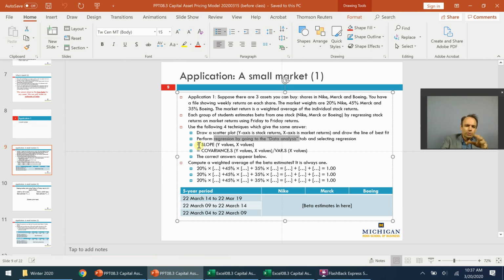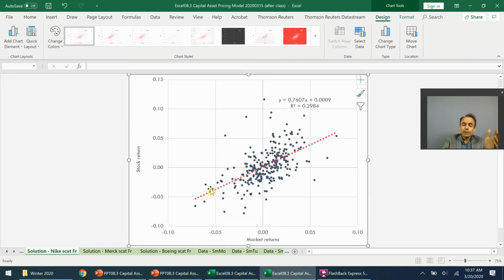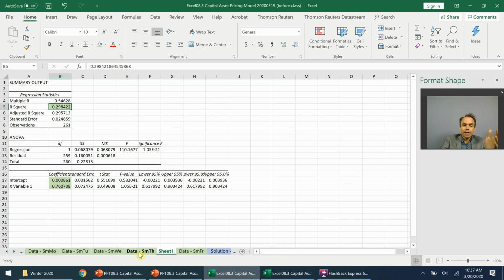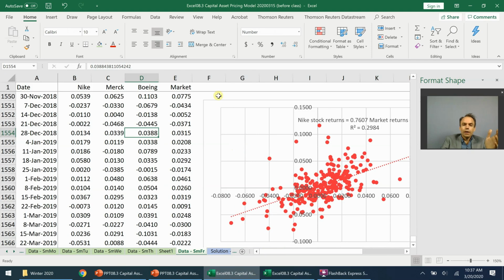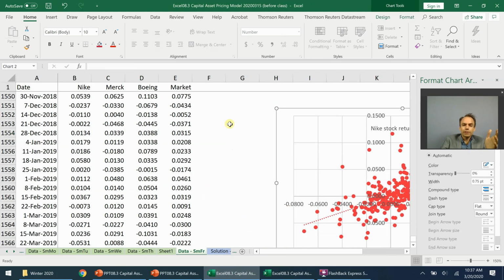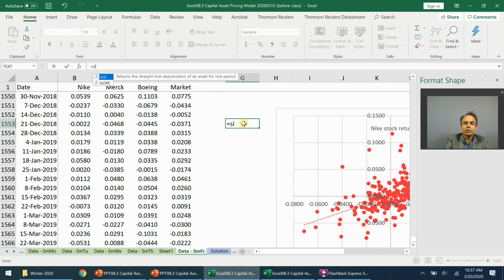But suppose you want to do that for many firms, and you don't want to do that over and over again manually. We can use the SLOPE function. Going back to my data tab, I'm just going to type in a function that says equals SLOPE, open parentheses, then I'm going to highlight the same cells.